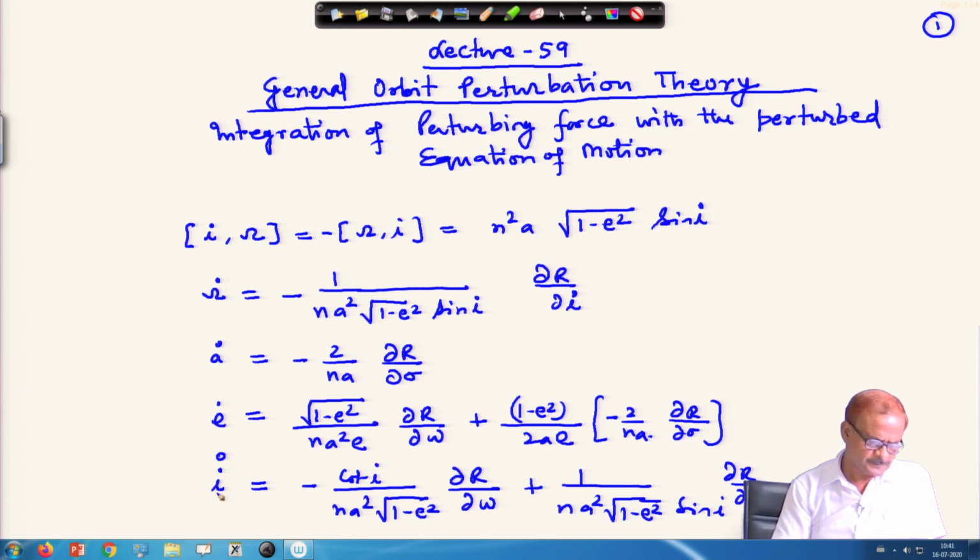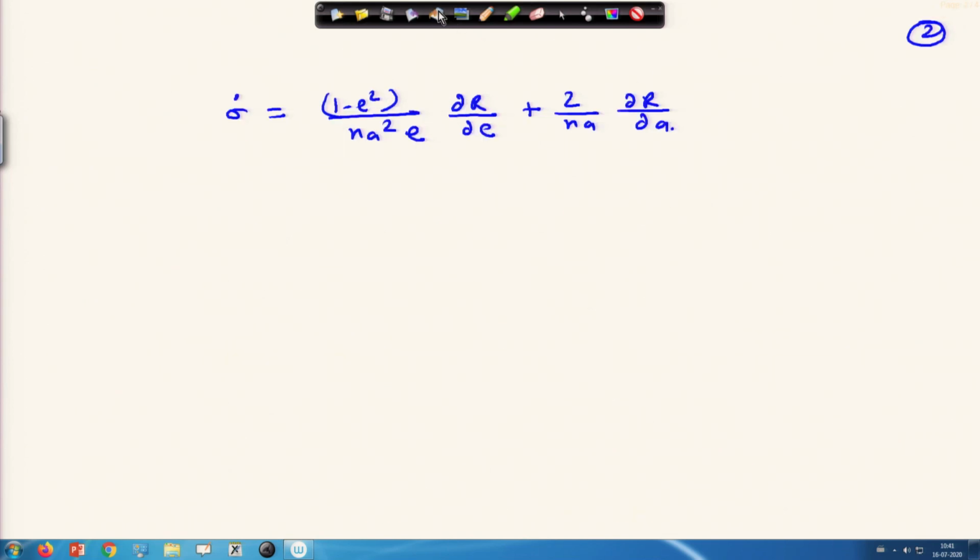So, we have 4 equations here, a dot, e dot, and small omega dot is remaining.